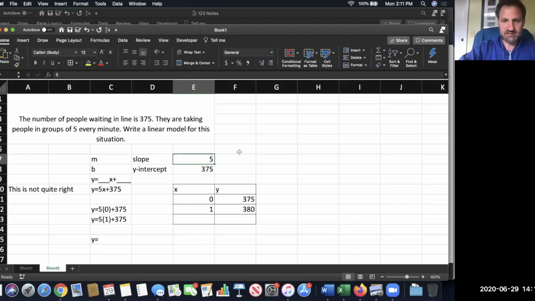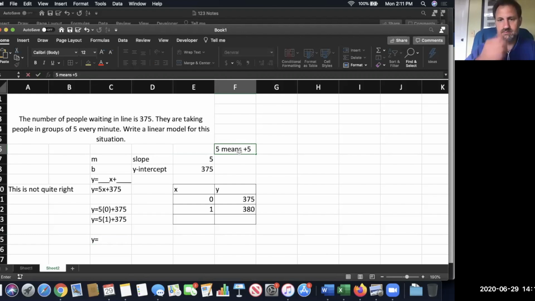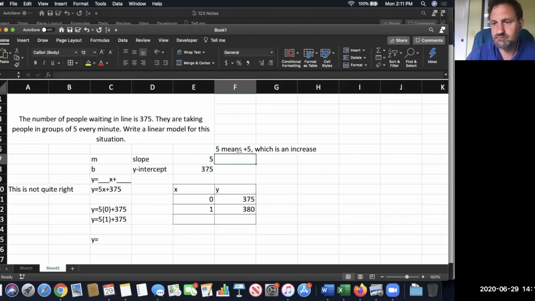Because remember, with absolute change, 5 means plus 5, which is an increase. And so what number do I want? You want 5 minus? Good, I want 5 to be minus. So my equation is going to be minus 5x plus 375.